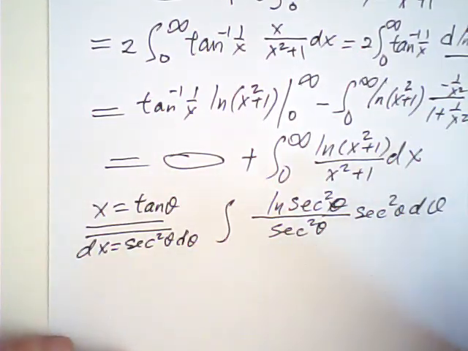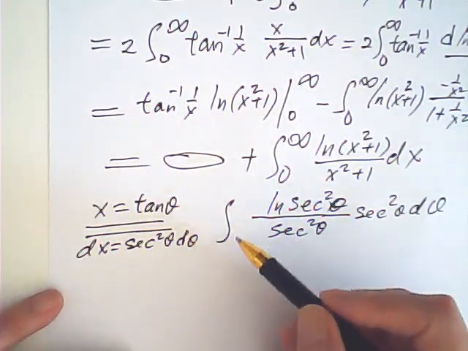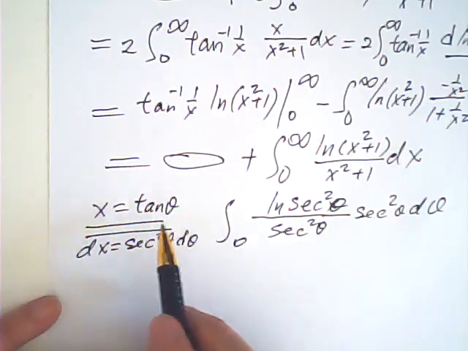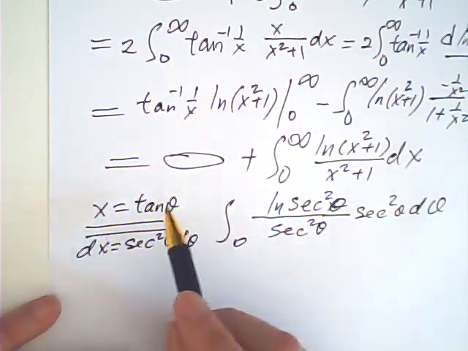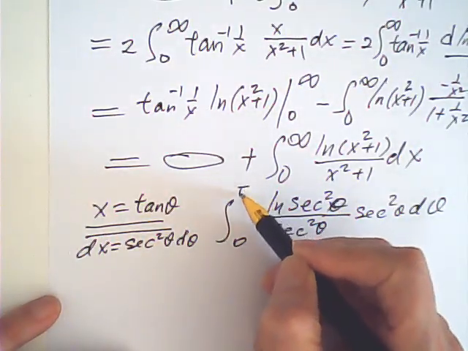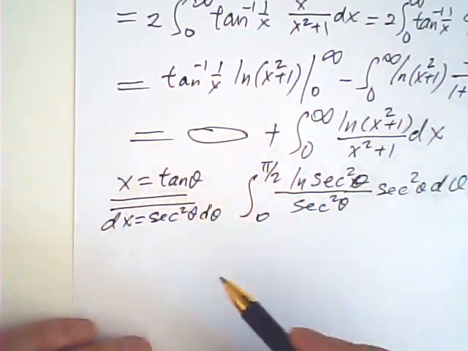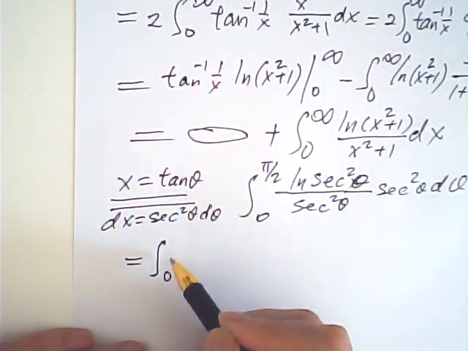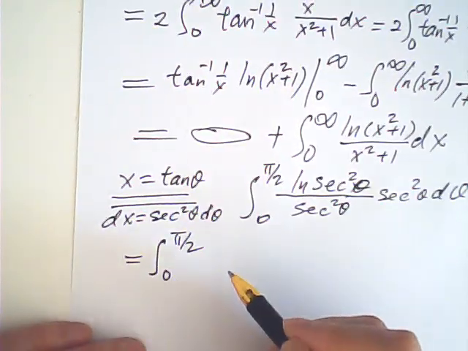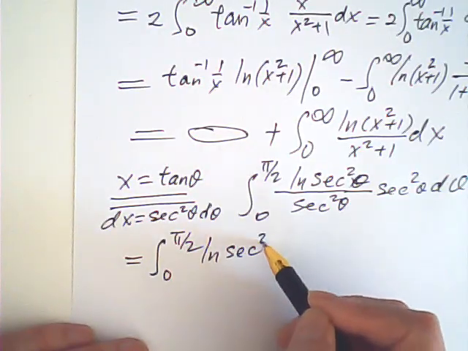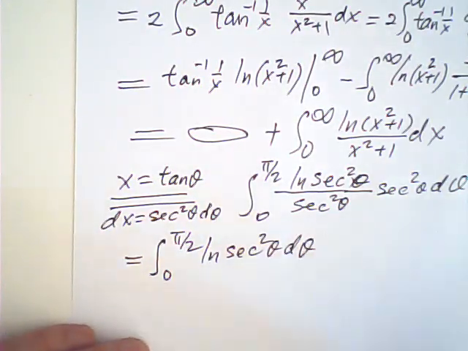So secant squared cancels out. Now let me put the boundary first. This is 0 when x equals 0, and when x equals infinity, that is half pi. This cancels out, so it becomes the integral from 0 to half pi of log secant squared theta d theta.